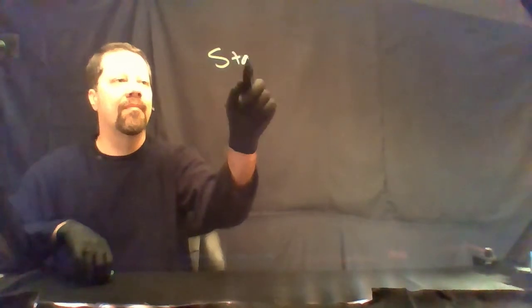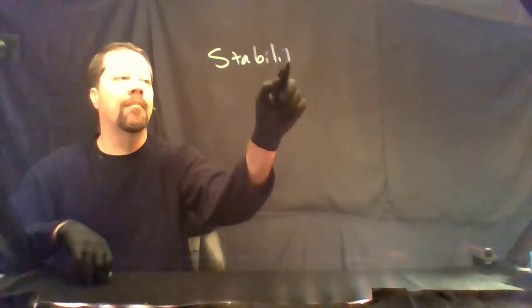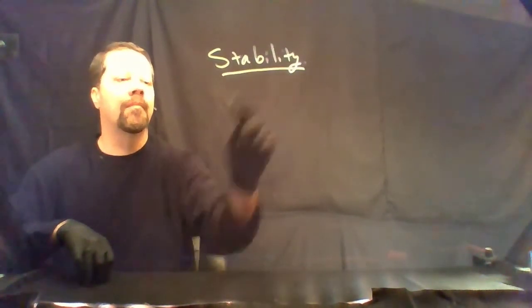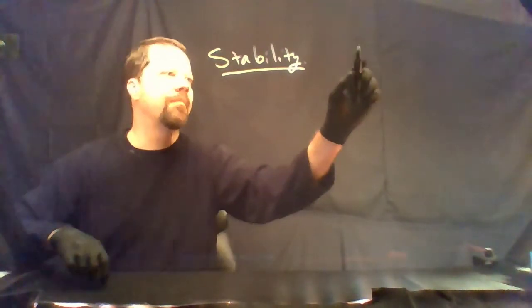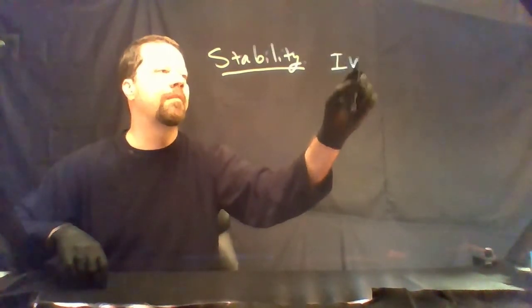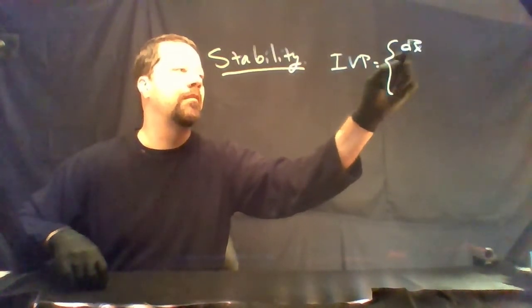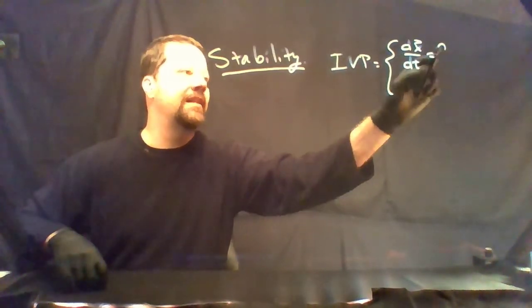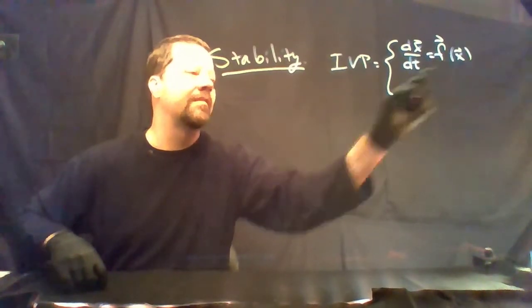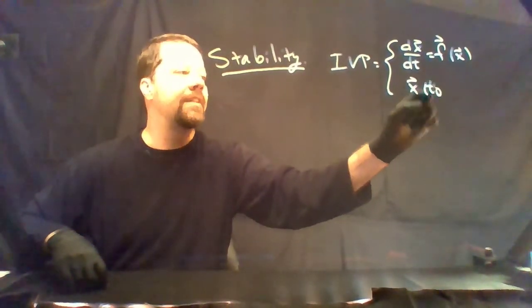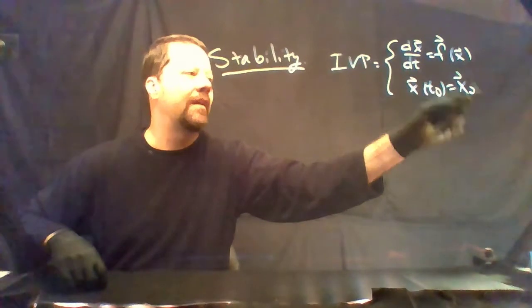Before proceeding to examples, we need to give a few definitions concerning stability. These concern the IVP dx dt equals f of x, x of t naught equals x naught.